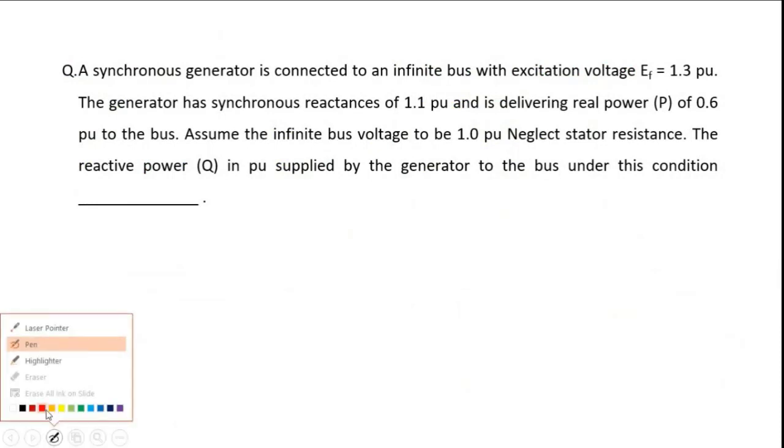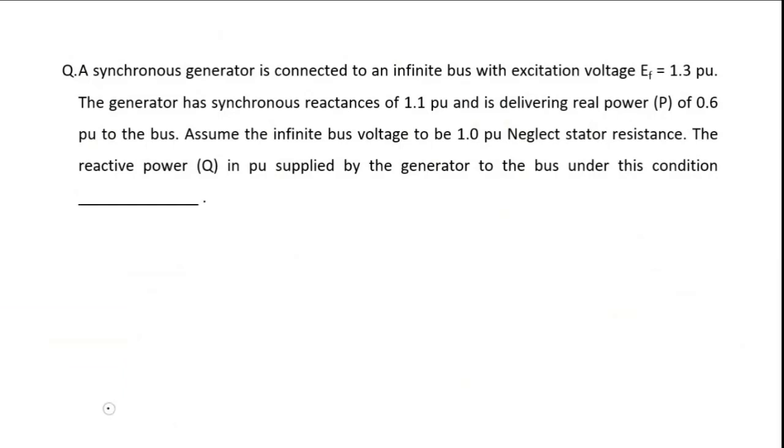So let's have a look at this question. A synchronous generator is connected to an infinite bus with an excitation EMF of 1.3 per unit. The generator has a synchronous reactance of 1.1 per unit, and it delivers a real power of 0.6 per unit to the bus.